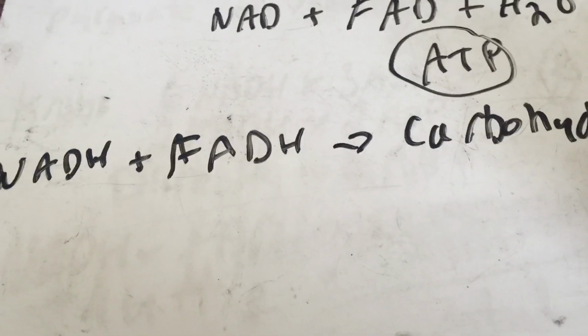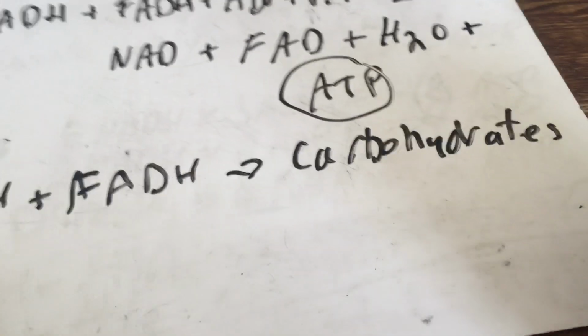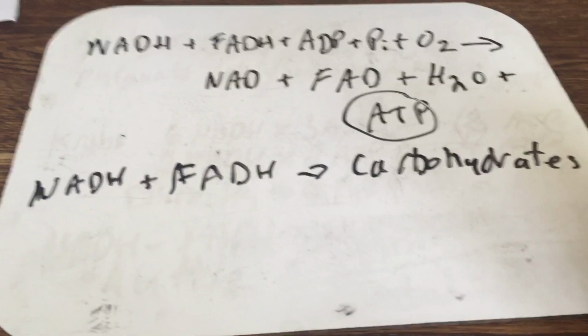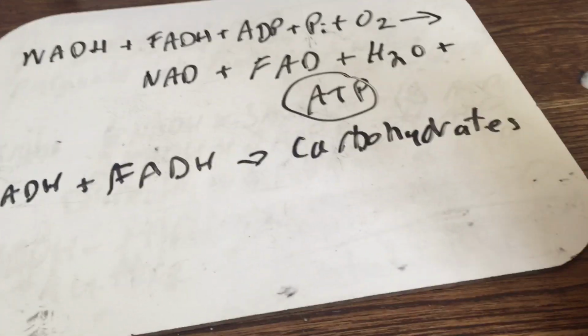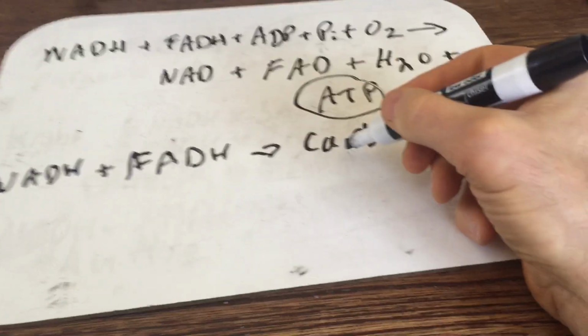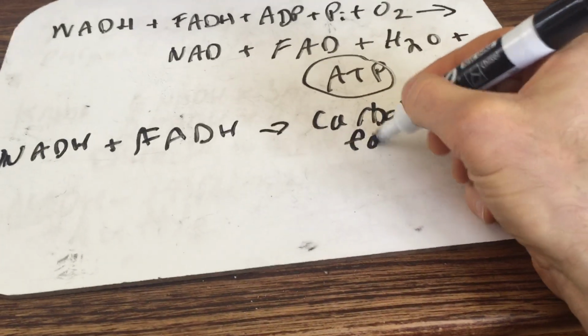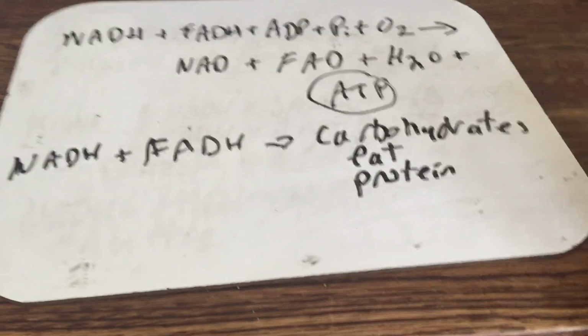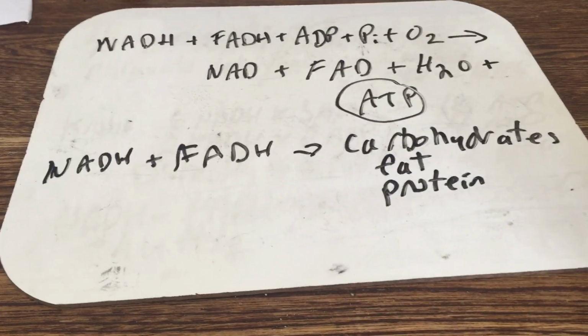So the carbohydrates that you take in through your diet eventually get broken down and allow formation of these metabolites. But you'll see later on in the course that they can also come from fat breakdown and protein breakdown. So essentially they come from all the foods that you eat.